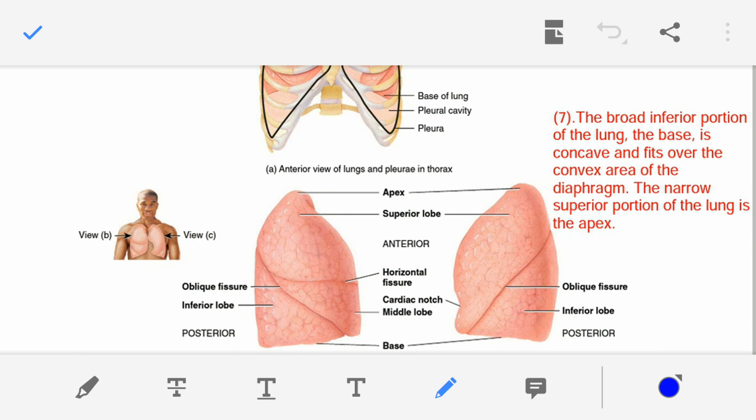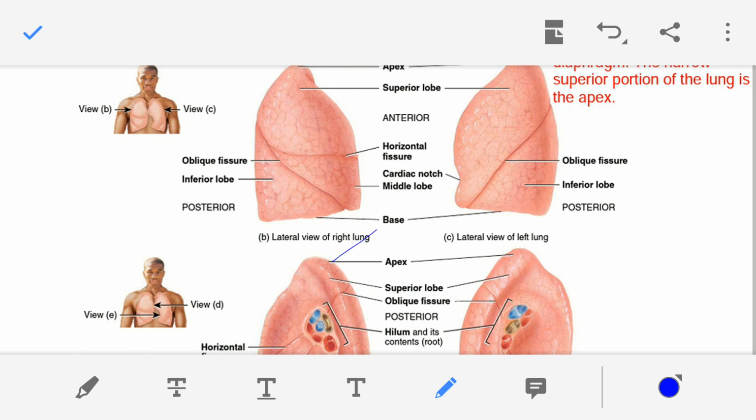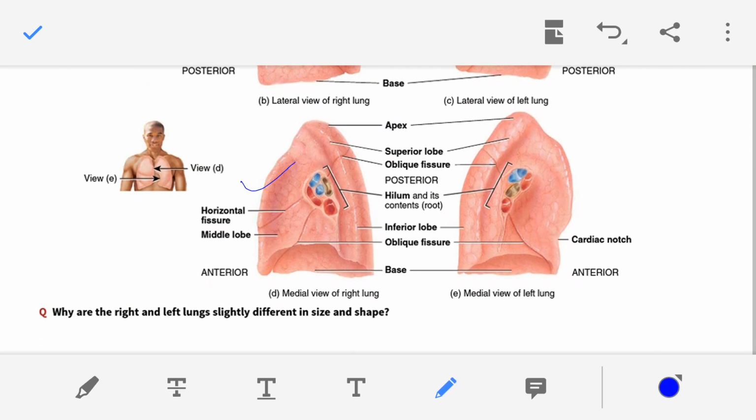Now the inferior broad portion of the lung is known as the base. Here you see this inferior broad part is known as the base. This base is concave. This is the right lung lateral view, this one is the left lung lateral view, and in this figure the right lung medial view and left lung medial view, and here you see this base and this base.